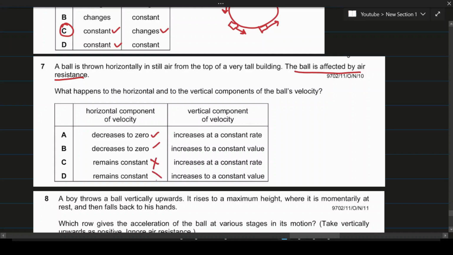It will not remain constant. And secondly, the vertical component of velocity would increase to a constant value. If we take air resistance into account, then the object would reach a terminal velocity. So B would be the correct one.